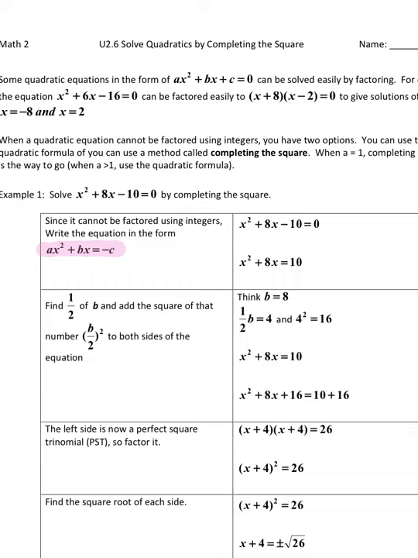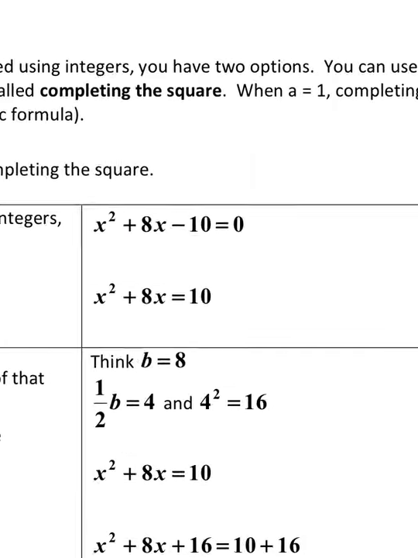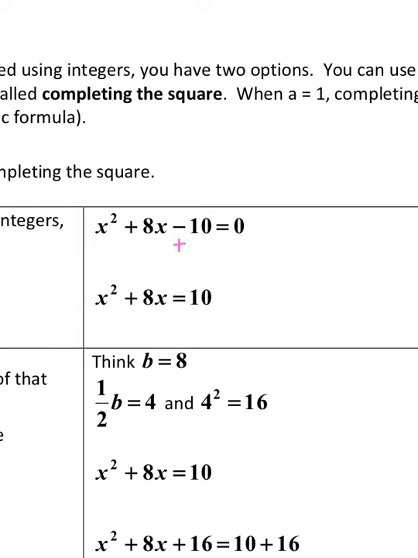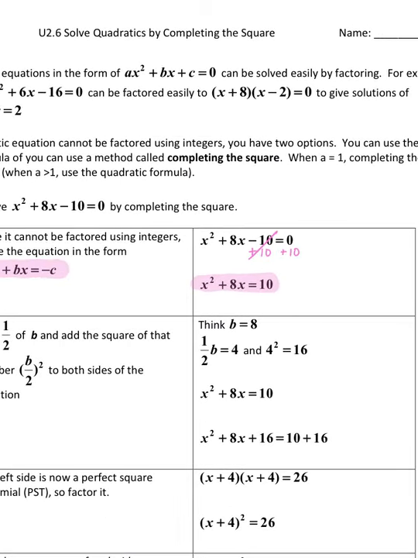Okay, so if we look over here, we have x squared plus 8x minus 10 equals 0. We have to move this 10 over, so I'm going to add it to both sides. It gets eliminated on that side, and we're left with x squared plus 8x equals 10. Okay, so that's the first step.